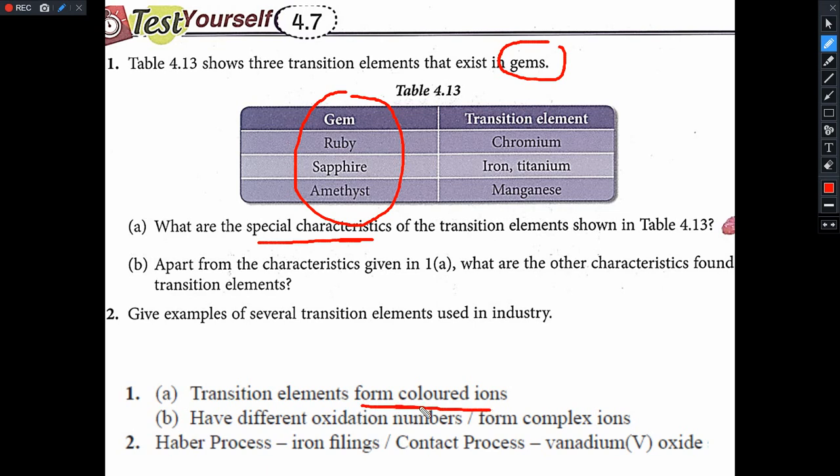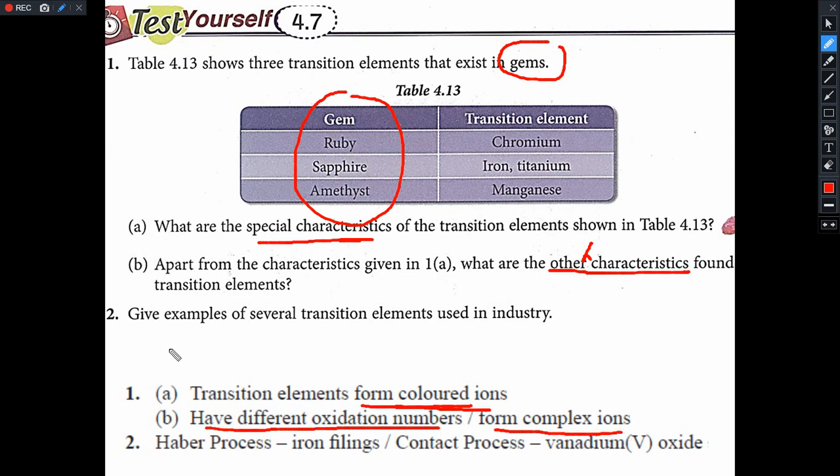And next, we go to the B question. Apart from the characteristic given in 1A, when you answer A, the answer is form color ions. Then, other than form color ions, is there any other special characteristic found in transition elements? Yes, have different oxidation numbers or form complex ions.